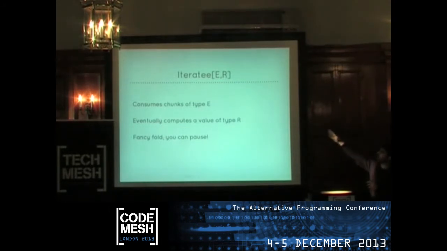The way I read this is: an iteratee is something that will consume chunks of type E, whatever E happens to be, and eventually, when it's done consuming chunks, it will return me something of type R. So an iteratee is computing an R out of chunks of type E passed into it.